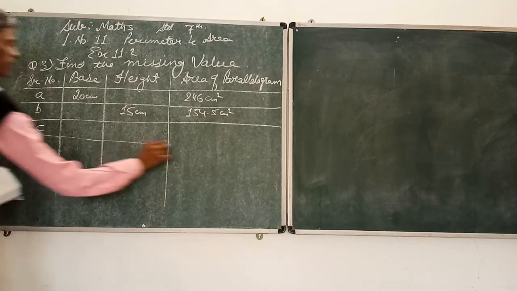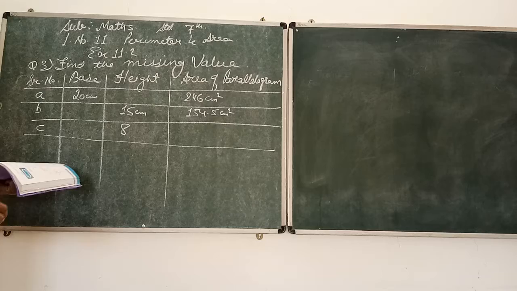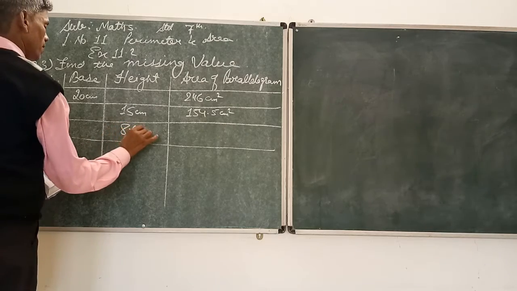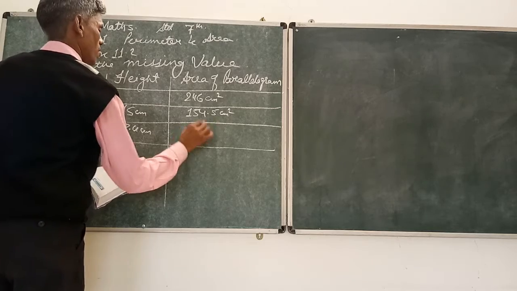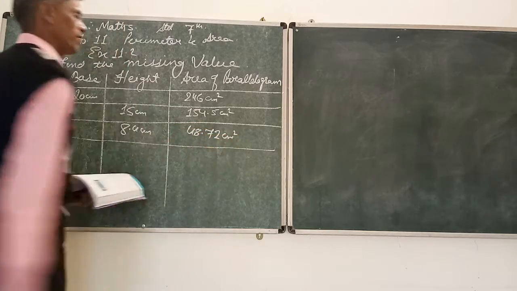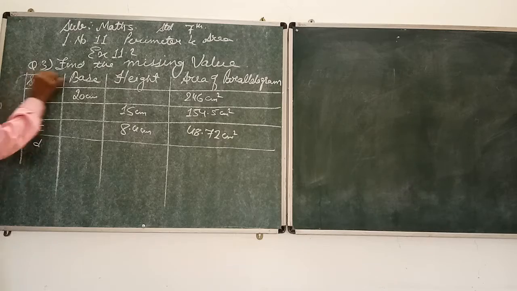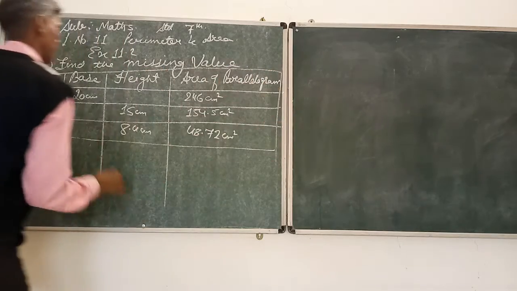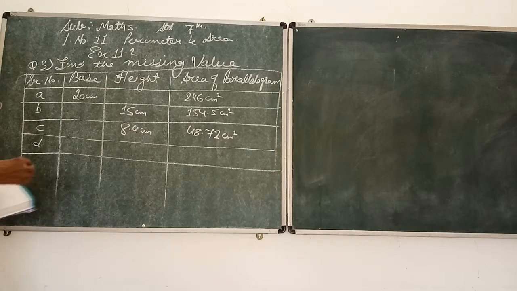Now C, again base is not given, that means you have to find. Height is 8.4 centimeter and 48.72 centimeter area of parallelogram. D, what is D?